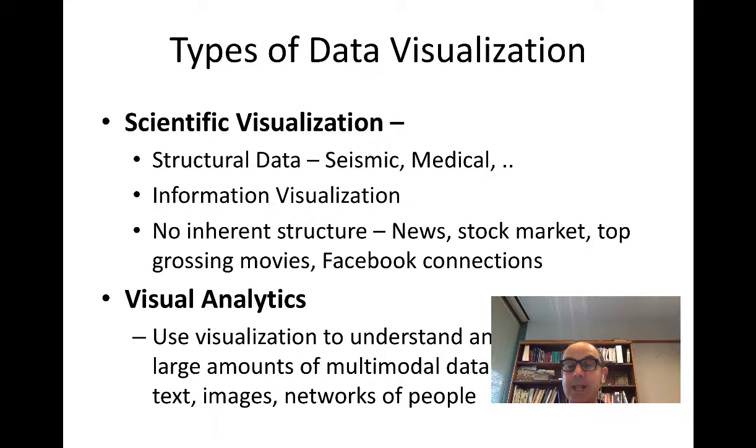Visual analytics, in comparison, synchronizes large amounts of multiple data that can be audio, video, text, images, and networks in order for us to combine them together. So we will learn about the multiple tasks that visual analytics takes on in order to apply that.